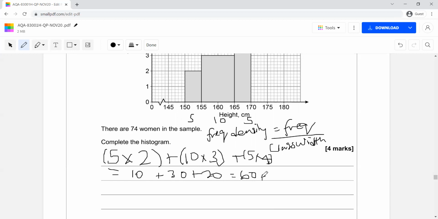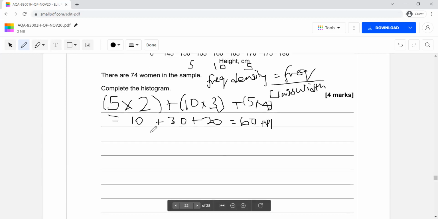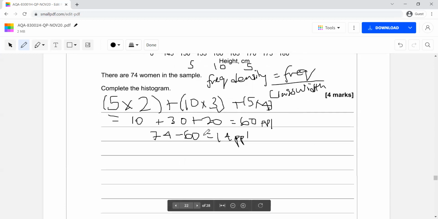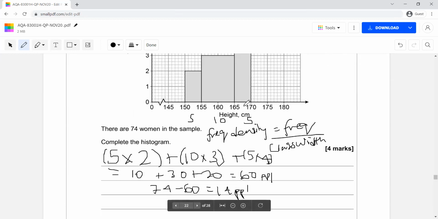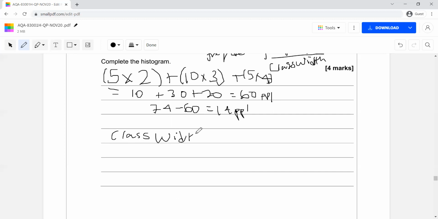So 60 people are already represented by these 3 bars, which means there are 74 minus 60 people remaining to represent, which is 14 people. So 14 people are represented by the 4th bar, which we're going to draw. Okay, in order to do this now, we know that the class width for 170 to 180 is 10.